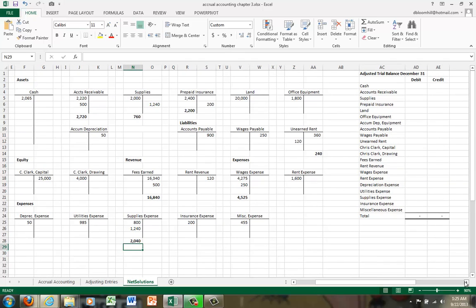So with our adjusted trial balance, all we're going to do is we're going to list all of the accounts that have a non-zero balance and their ending balances and see if we're going to balance. So you see here our cash has $2,065 on the debit side.